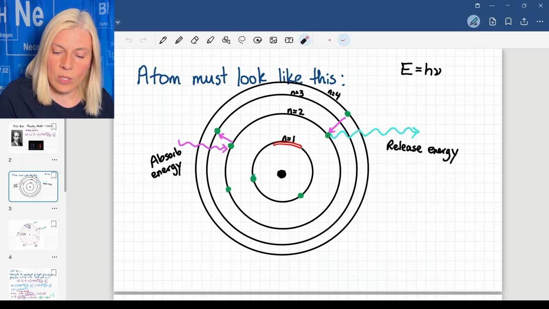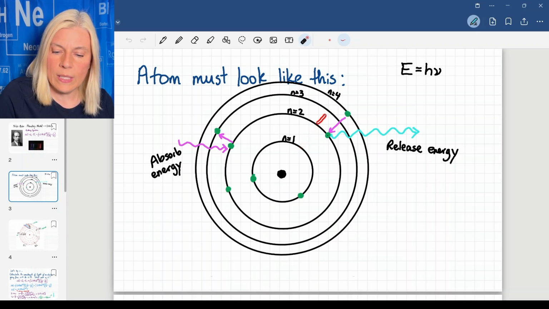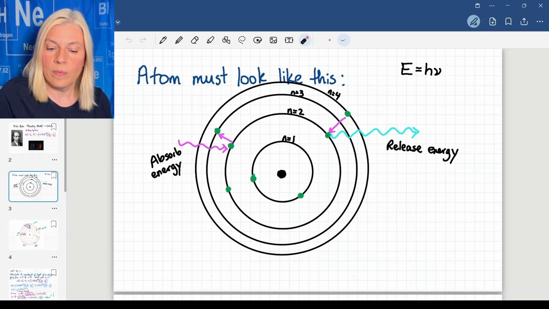And we have orbits 1, 2, 3, and what's interesting is the spacing between these orbits. The spacing between the first and second orbit is the biggest jump. Then the spacing between the second and third orbit is a smaller jump, and then again smaller, and it keeps going. It gets smaller, smaller, smaller. Okay?